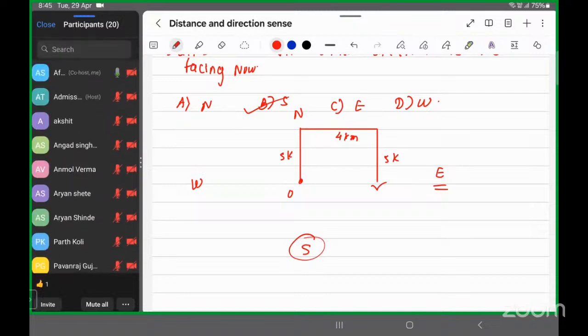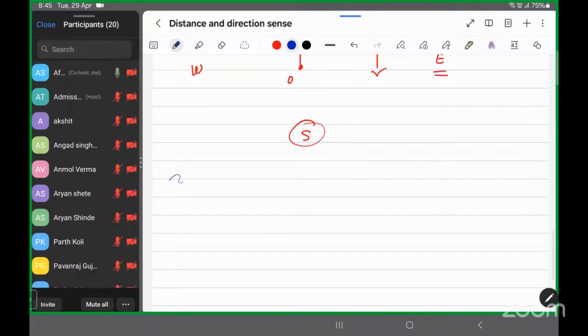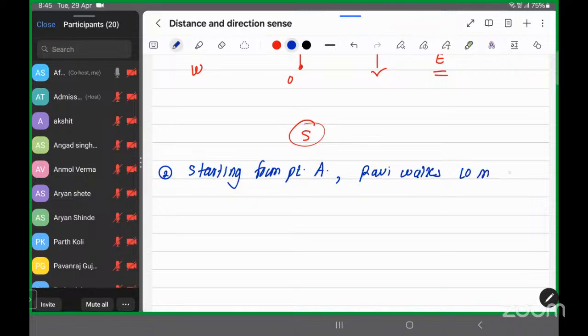Okay. Let's see the next question. Question number 2. Starting from point A, Ravi walks 10 meter east. He then turns left and walks 5 meter.